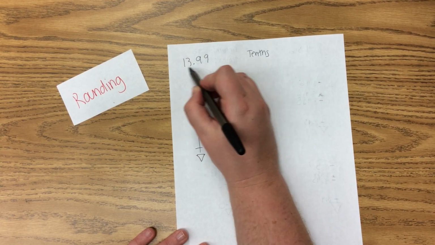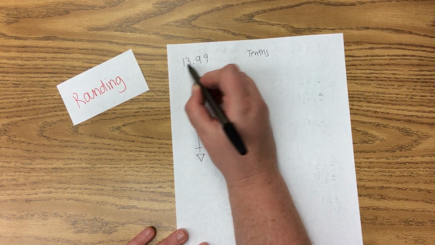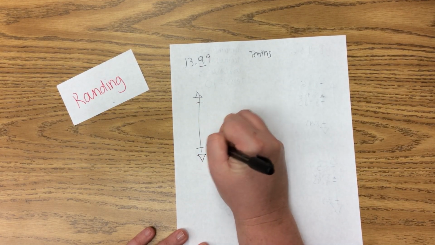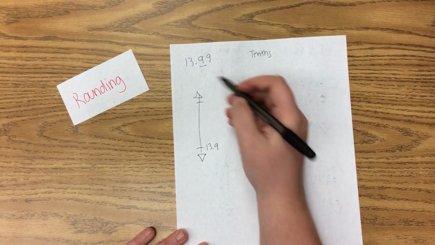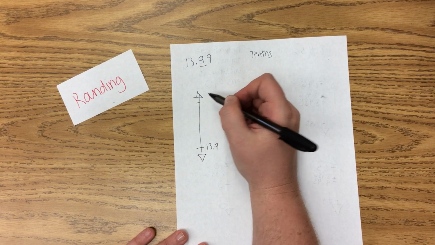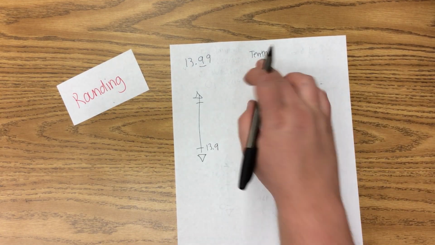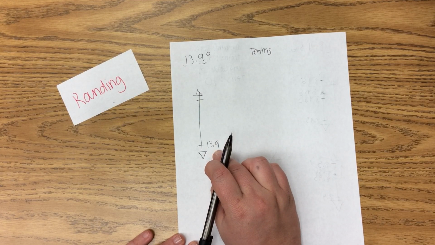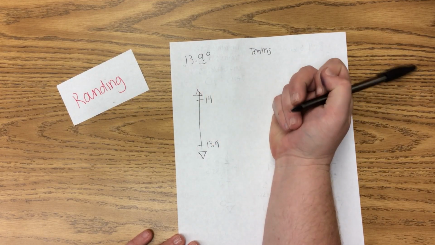Tenths place is, tens, ones, tenths right there. It's a 9. So it's 13.9. Your top number is just adding one of your value. Because I'm dealing with tenths, I'm going to add a tenth. Well, 13.9 plus 1/10 is going to be 13 and 10 tenths, which actually is 14.